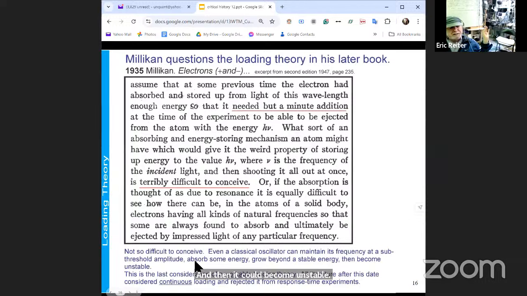I've even seen that in my experiments with musical instruments, and that's partly how I figured this out from my work with music. But this is the last place that I could find where there's a discussion of a workable loading theory. It seems to have been forgotten in our literature.